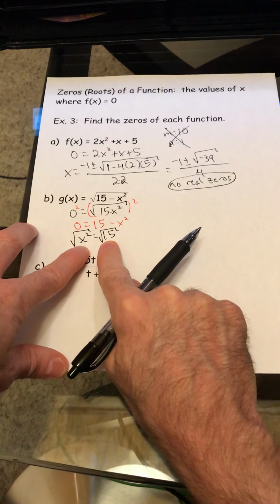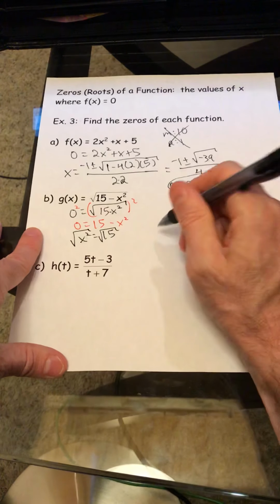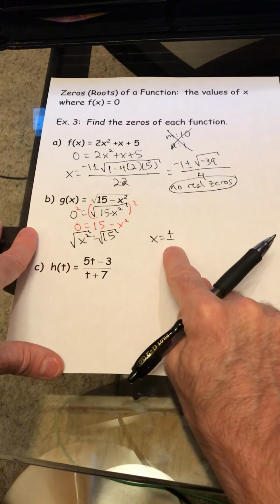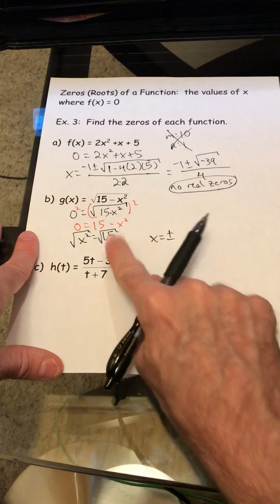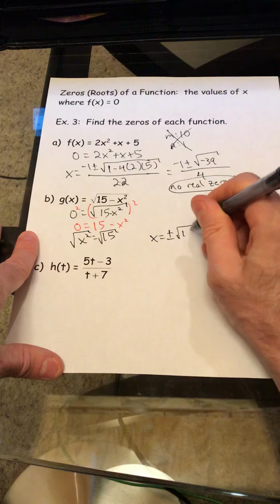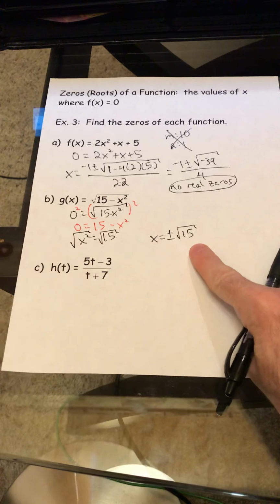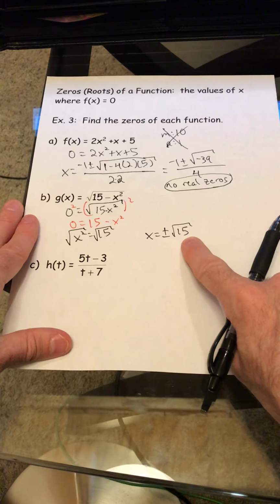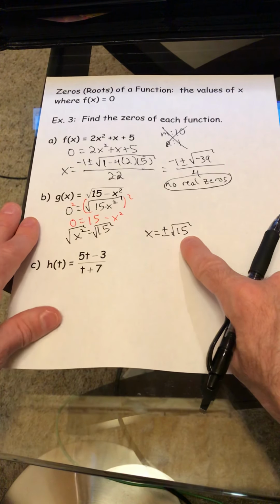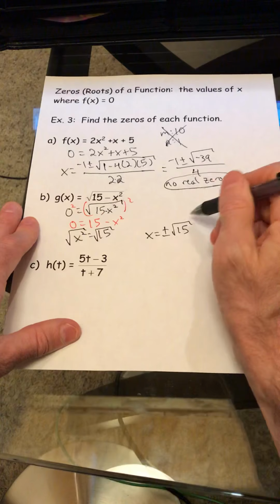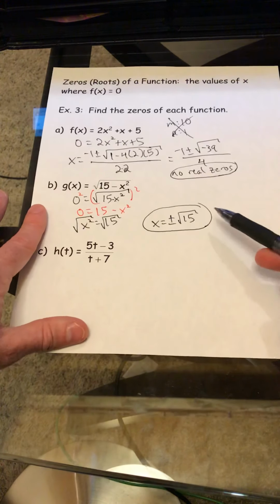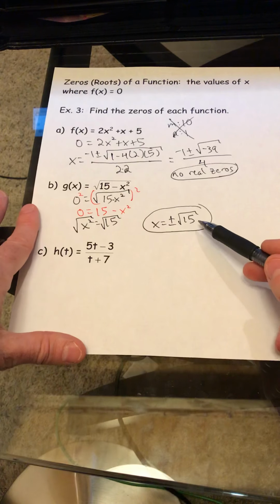The main thing you have to remember is that when you take a square root, you end up with both positive and negative square root of 15. For 15, there's nothing we can do to simplify it. The only way you can split it other than 1 and 15 is 5 and 3. Since those are not perfect squares, those are your 2 zeros or roots for that function.